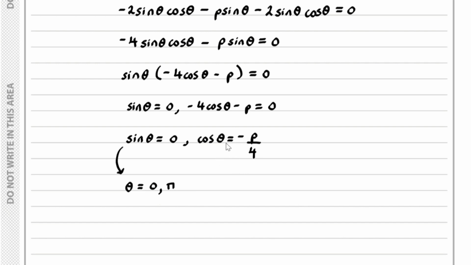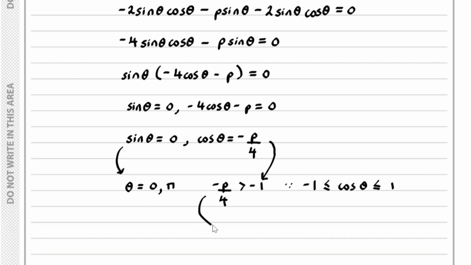And if we have cos theta equaling minus p over 4, well then, from here, we have minus p over 4 which is greater than minus 1, and that's because cos theta is in between minus 1 and 1.